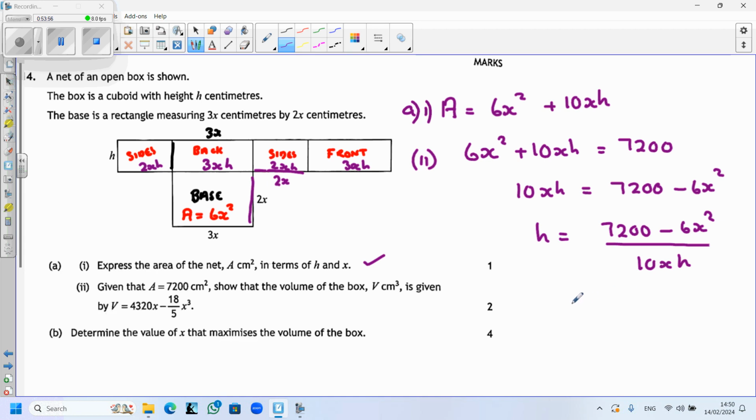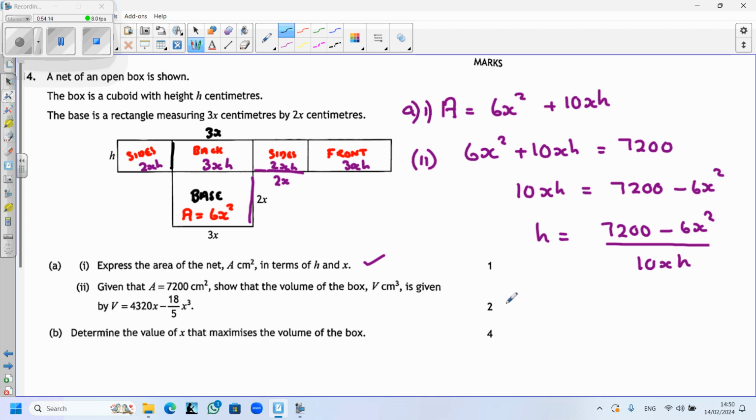So we can tidy this up a wee bit, we can split it. But I think what we'll do is just work out the volume first, rather than simplify first.